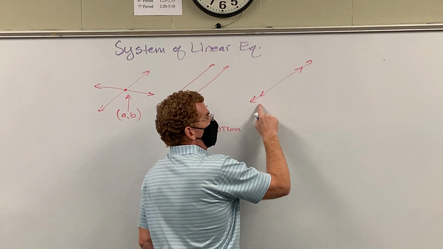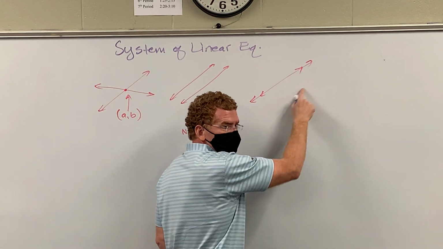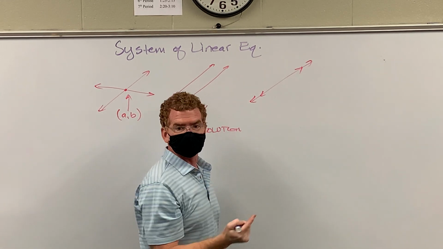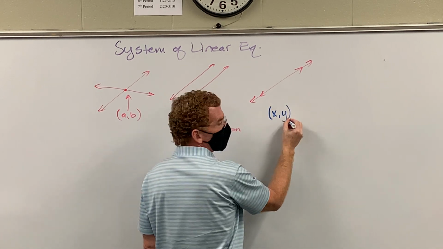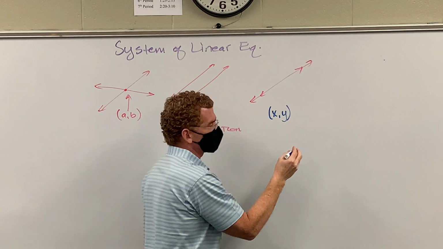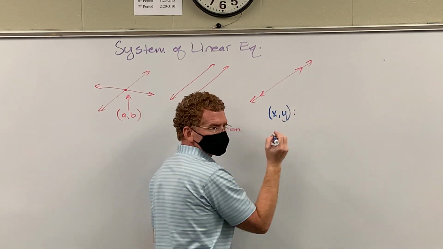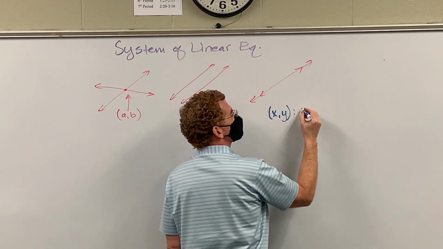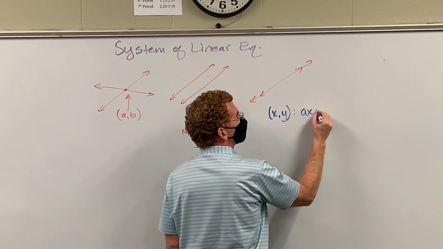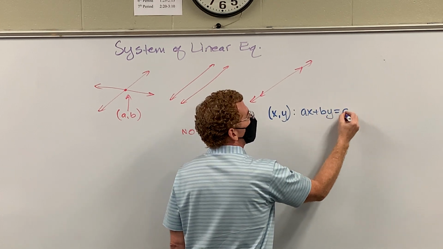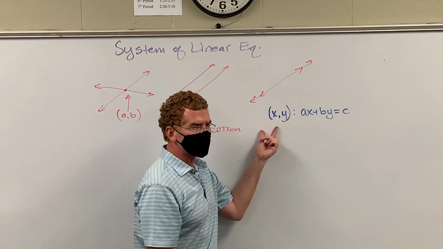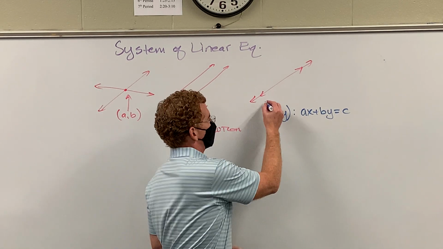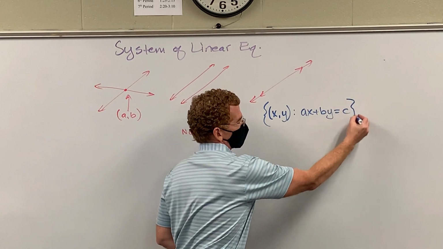If you mean the line itself is the actual solution, then what you're really saying mathematically is any point (x, y) such that it exists on the actual line itself. And you would just write the equation of the line down in whatever form you want. So basically, any point on this line would be your solution set.